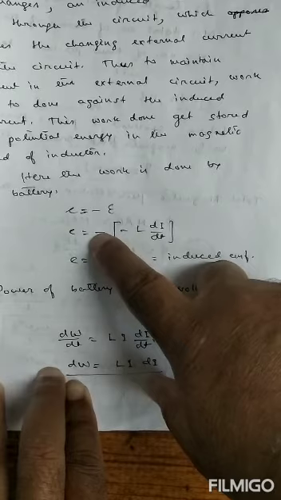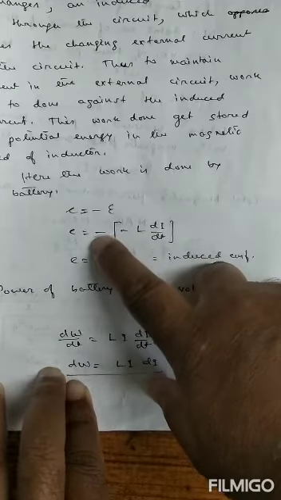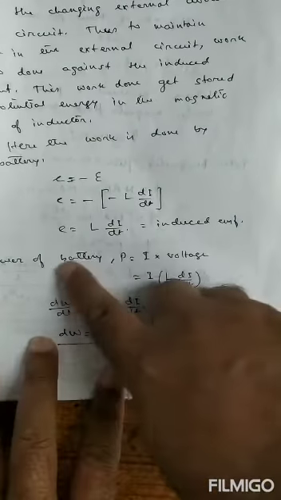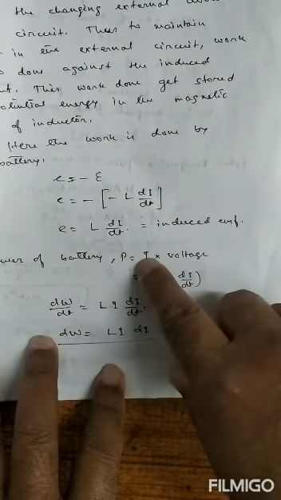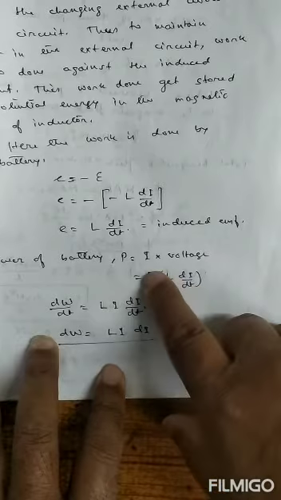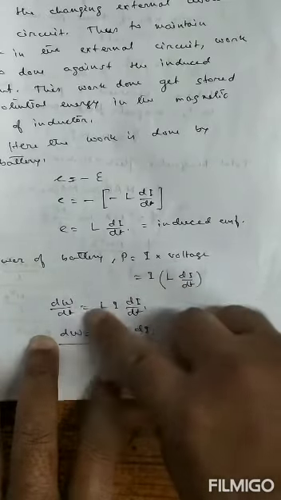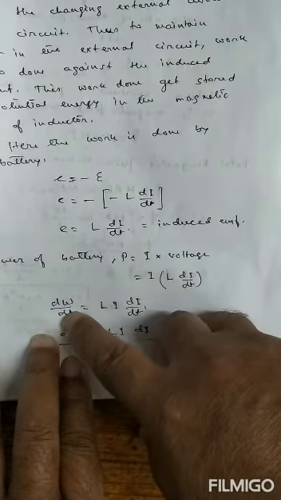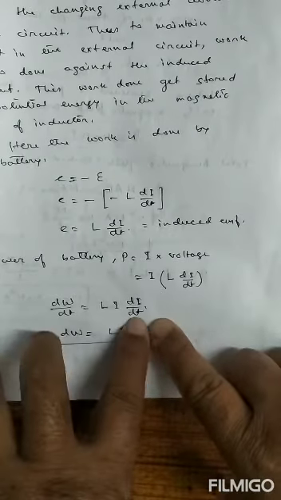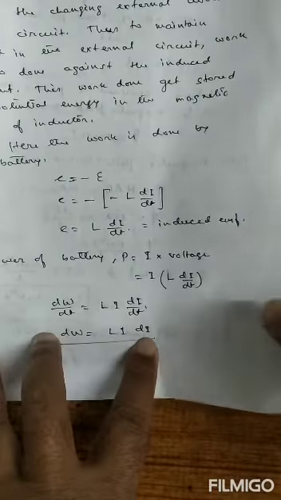This negative sign implies that they are opposite to each other. Minus minus plus. What is power? Power means current into voltage. What is voltage? L into di by dt. What is current? I. Power can be written as dW by dt. Rate of doing work is called power. dt gets cancelled, so dW is this.